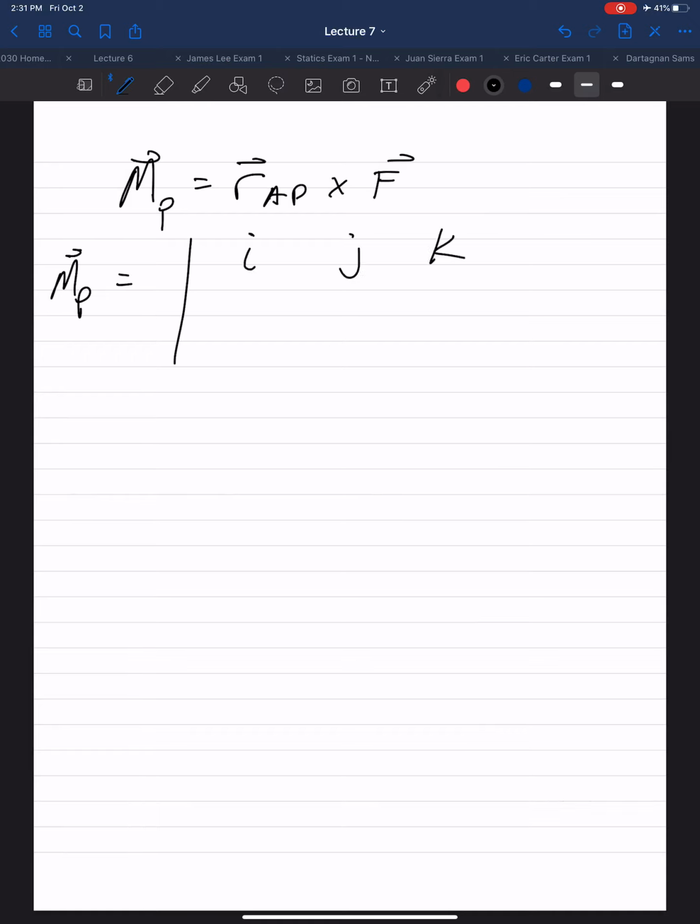Therefore, my moment about point P will be R_AP cross F. Using my determinants, i, j, k. R_AP we said was 5i plus 6j minus 3k. The force F was given to us as 2i plus 4j minus 6k.